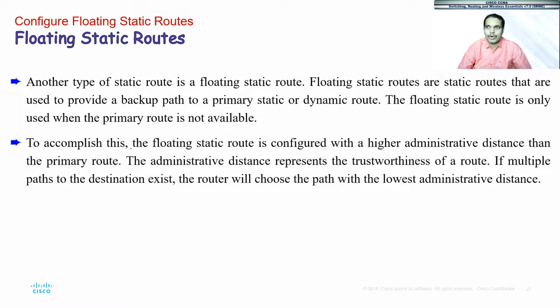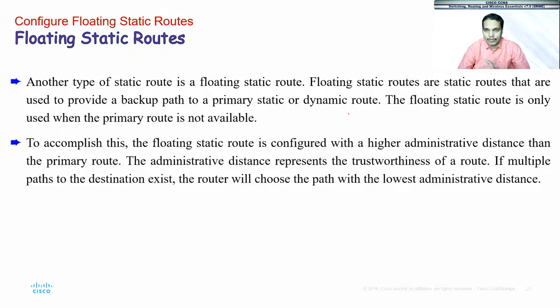So to accomplish this, how do you set it up? The floating static route is configured with a higher administrative distance. As I told you in my earlier video, administrative distance plays a crucial role in the router selecting which particular route to be updated in its routing table, right? So when I have an administrative distance of maybe 1, and I set a floating static route with an administrative distance of 5, only the primary will be kept in the routing table.